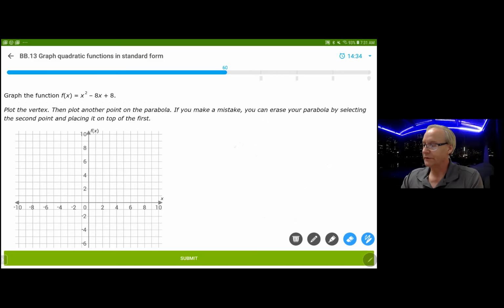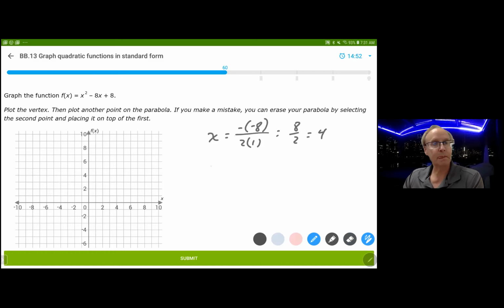A very similar type of problem. We've got x equals negative b. Be careful, there's that double negative there. 2 times 1, which happens to be 8 over 2, which is 4. This time we're going to substitute a 4 in. So we've got f of 4 equals 4 squared minus 8 times 4 plus 8.